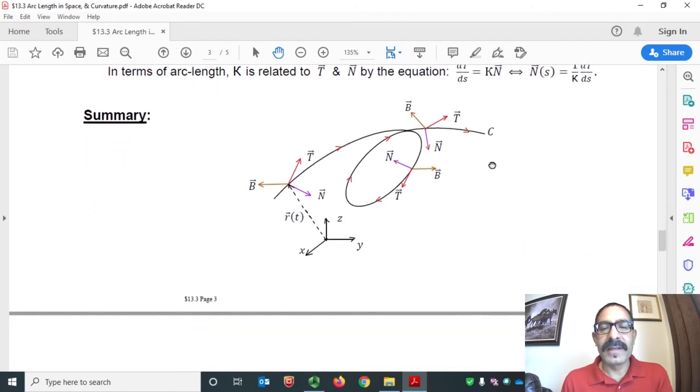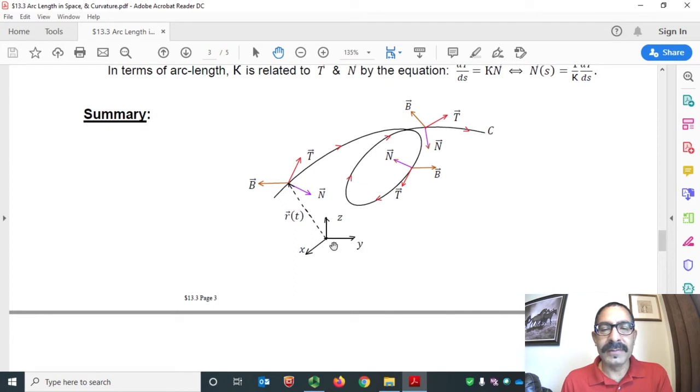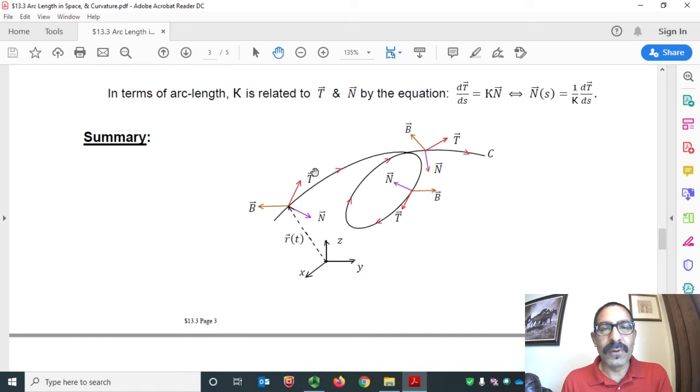Let me explain this diagram here. This is a space curve. The vector here is the unit tangent vector, this is the principal unit normal vector, and this is the binormal vector. T always points in the direction of the flow, N points to the inside of the flow, where the flow is turning into, and B points outward, and we don't care about its direction. This TNB-frame rotates as the flow moves forward. Here is a T vector, here is the N vector.